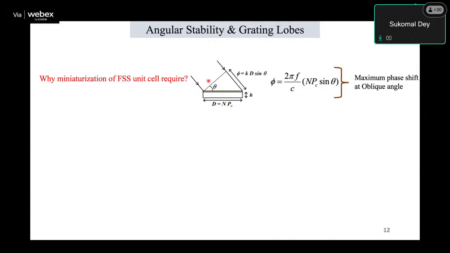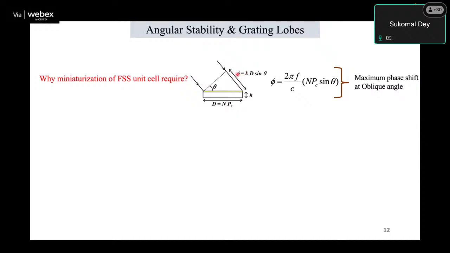As you all know from the antenna array perspective, suppose the angle of the incoming signal is theta.